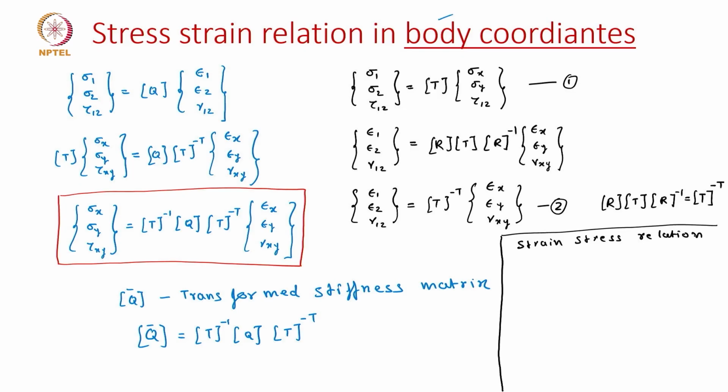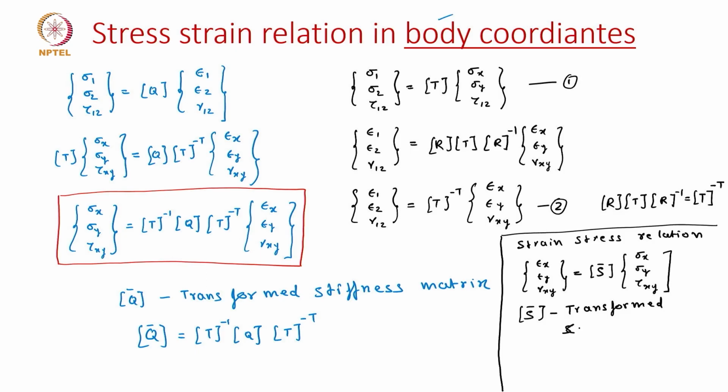For that, we simply invert this relation, or in other words we write strains epsilon x, epsilon y and gamma x y as the transformed compliance matrix, which we represent as S dash, times the stresses sigma x, sigma y and tau x y, where S dash is the transformed compliance matrix.